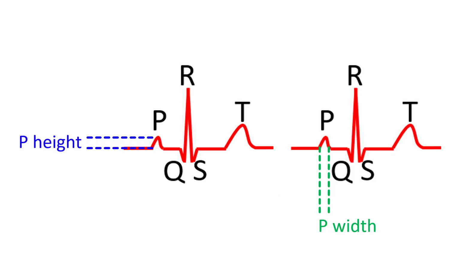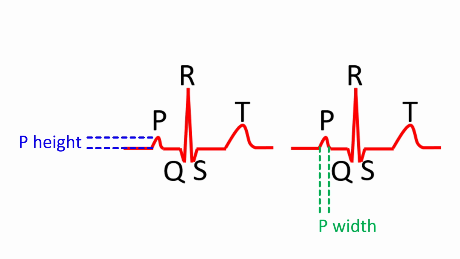Both the width and height of the P are measured to assess enlargement of the upper chambers or the atria. P is due to the electrical activity of the upper chambers, known as atria, depolarization.